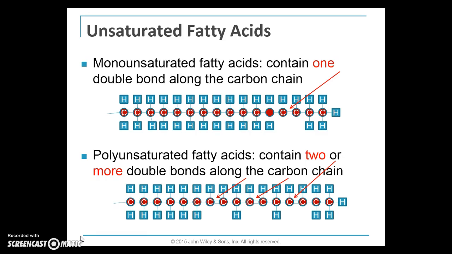Mono means one. Polyunsaturated fatty acids, or sometimes we refer to them as PUFAs, contain two or more double bonds along the carbon chain. So mono and polyunsaturated fatty acids are very important in our discussion of healthy fats.